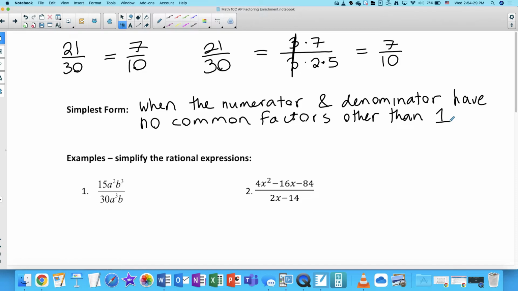Right? So 7 over 10, the only common factor of 7 and 10 is 1. So that is fully simplified.